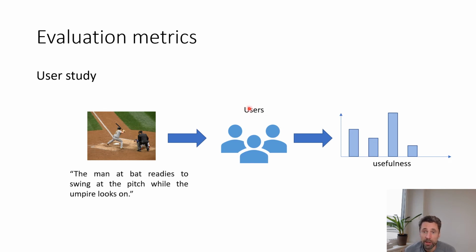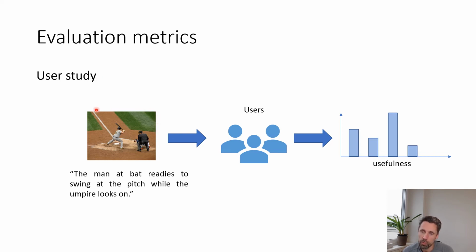Then we have to talk about evaluation metrics. Let's say you have trained your network. How do you make sure it actually does something useful? Well, first of all, you can use humans, because these are perfect in understanding language, right? So that's the gold standard, let's say, to measure the performance of an image captioning model.